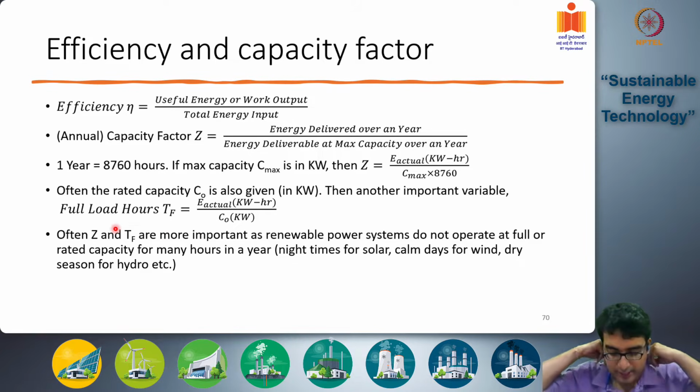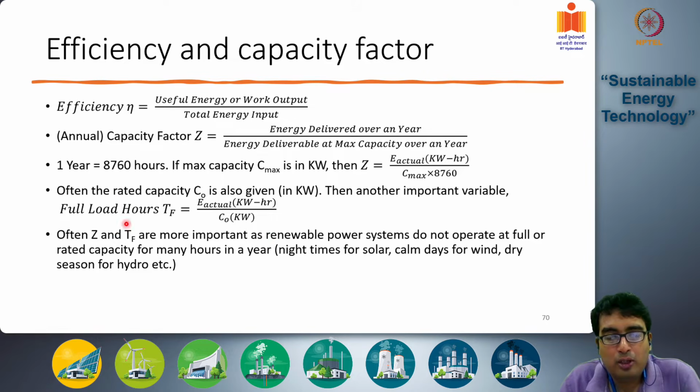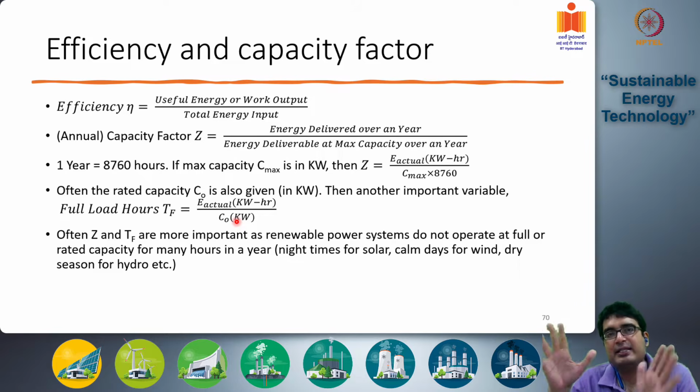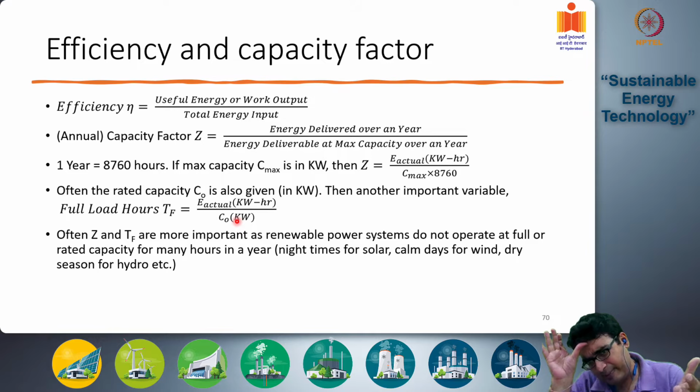And how do we do that? So what is called full load hours, T suffix F, is the actual energy that the power plant delivers over a year in terms of kilowatt hour divided by its rated capacity in kilowatts. The rated capacity is a power variable, so its unit is kilowatt, similar to maximum capacity.